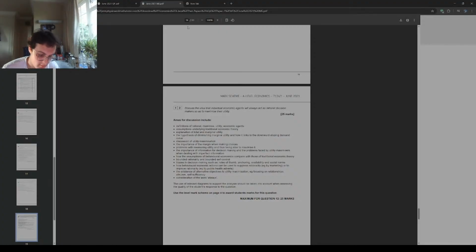Oh, actually, wait, I remember this one. So 1 is price of good increases, quantity decreases, tax, government revenue, government revenue generated.